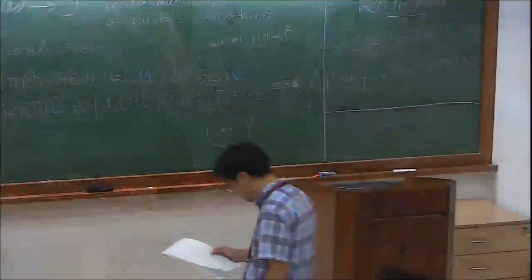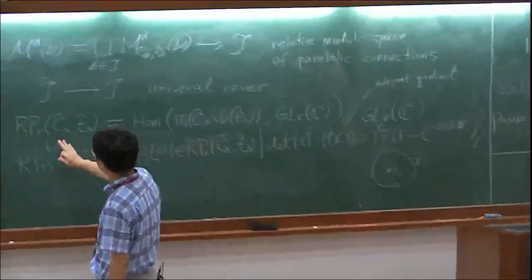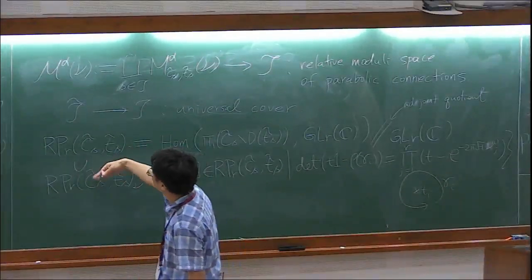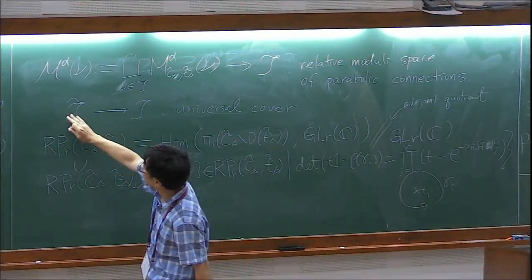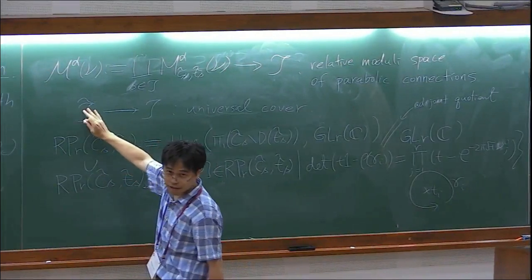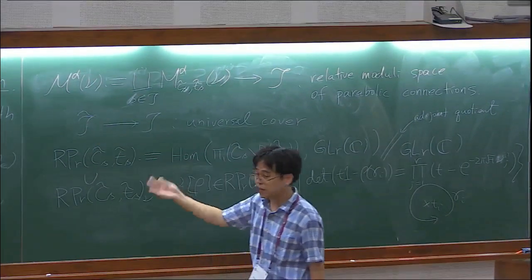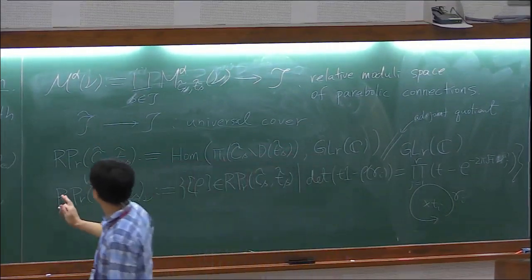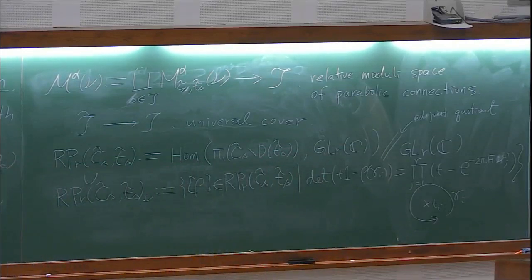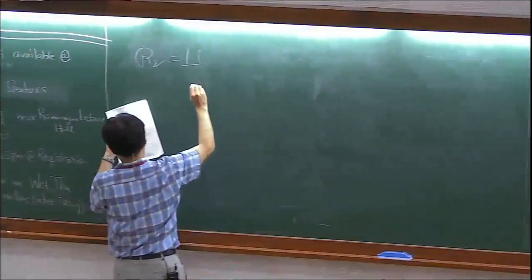Yes, this is a good comment, because the universal family of curves over T tilde is topologically trivial. I didn't write it yet, but the family of the moduli space becomes locally a trivial family.